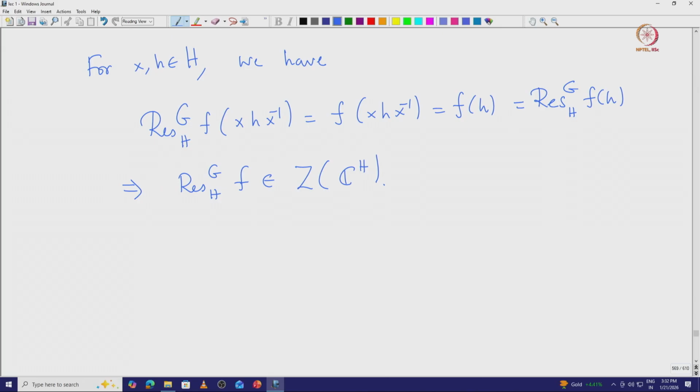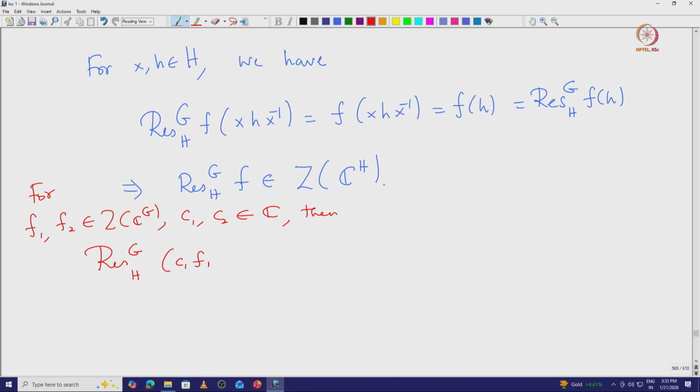Now the linearity is also immediate. Let us look at the linearity. If you take f1, f2 from Z(C G) and c1, c2 from the complex numbers, then we take this restriction Res^G_H of c1 f1 plus c2 f2. When you apply it on some h in H, this is exactly equal to c1 f1 of h plus c2 f2 of h.